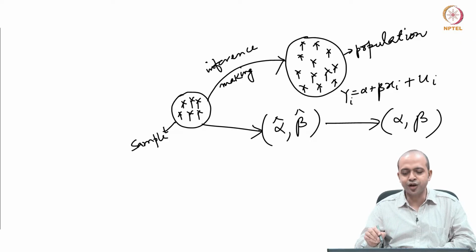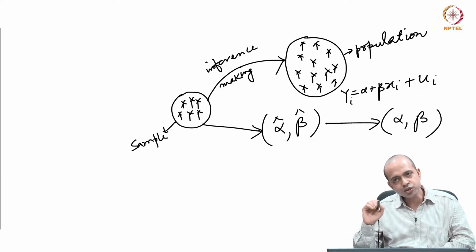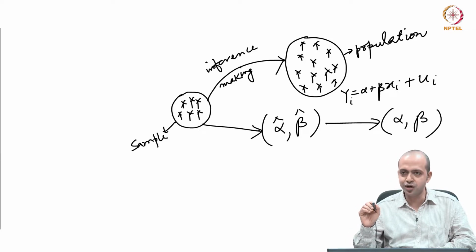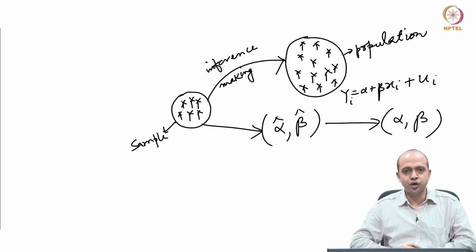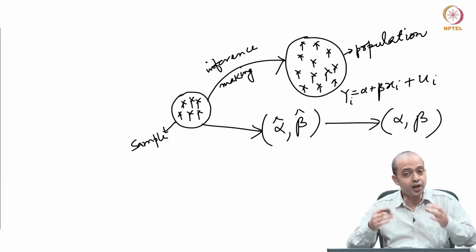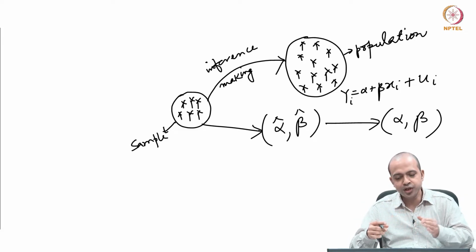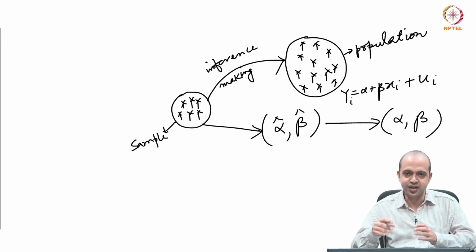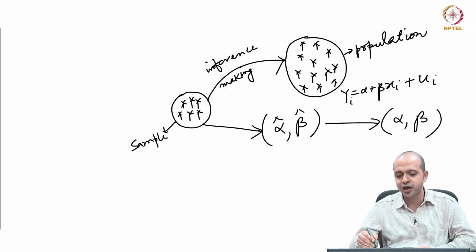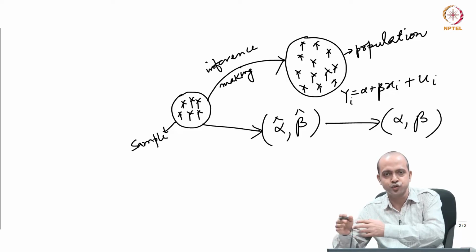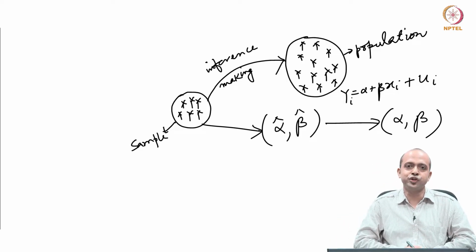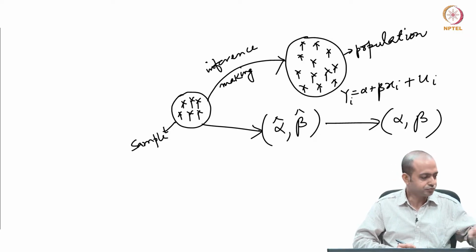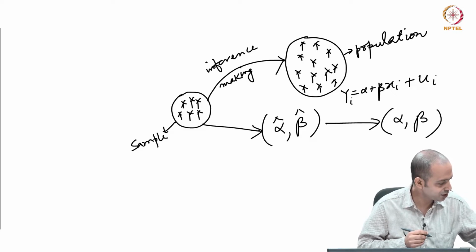Then using alpha hat and beta hat, we will draw some inferences about alpha and beta, the unknown population parameters, and our objective is to estimate alpha hat and beta hat in such a way that they are as close as possible to the true population parameters alpha and beta. Okay? So, this is the first objective of an econometric analysis. Then what is the second objective?